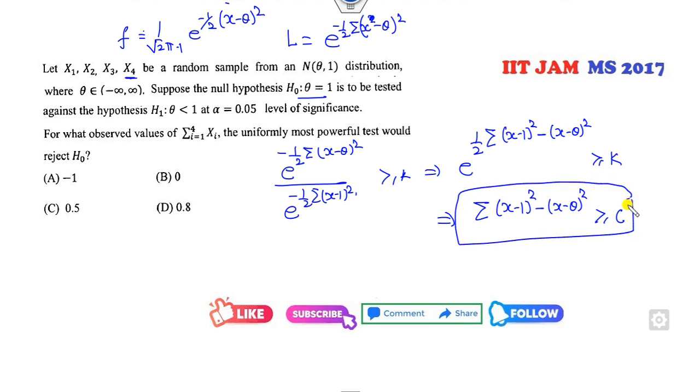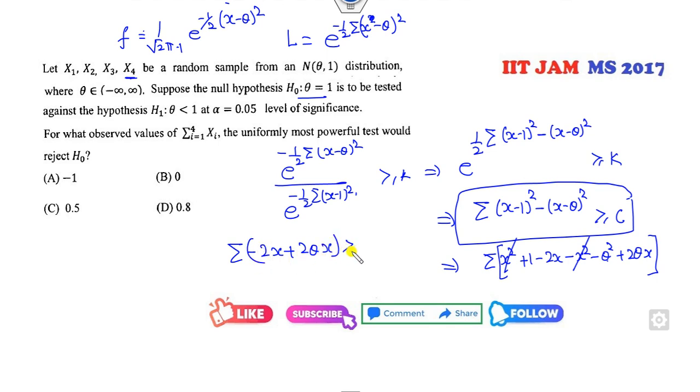Now if I open this bracket, it will be a square plus b square minus 2ab. The x square will be cancelled out, and the theta square is a constant which is again cancelled out. So it will be minus 2x plus 2 times theta x greater than k.